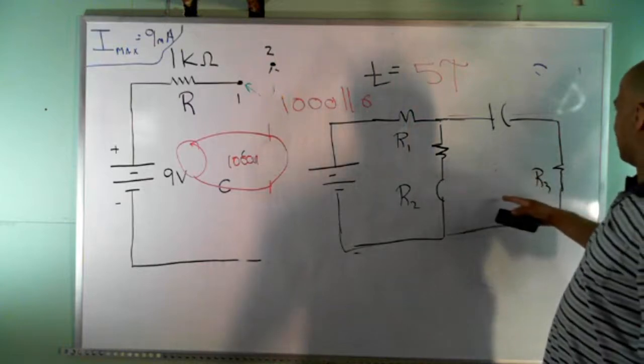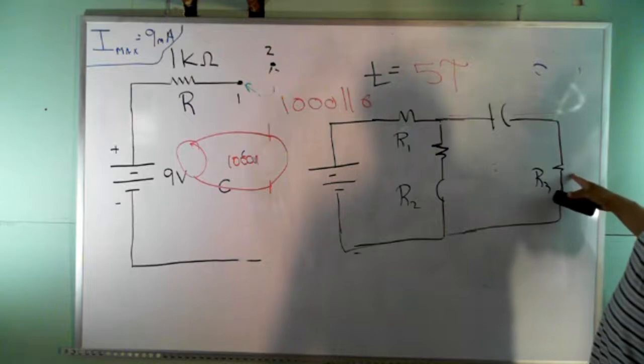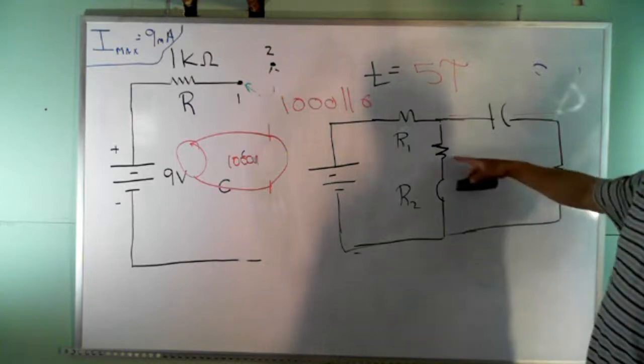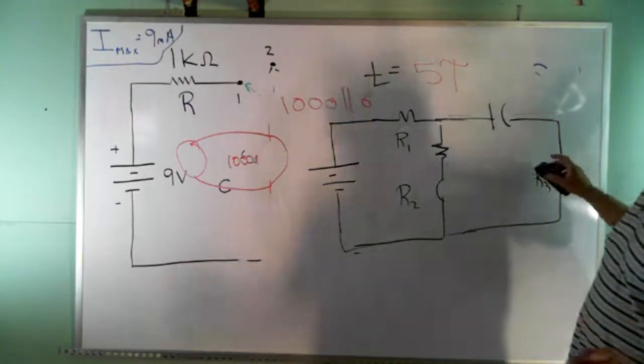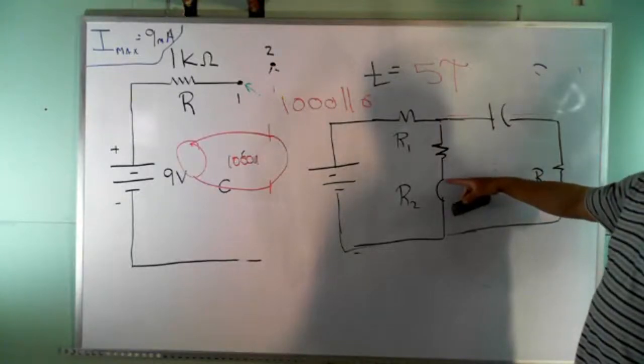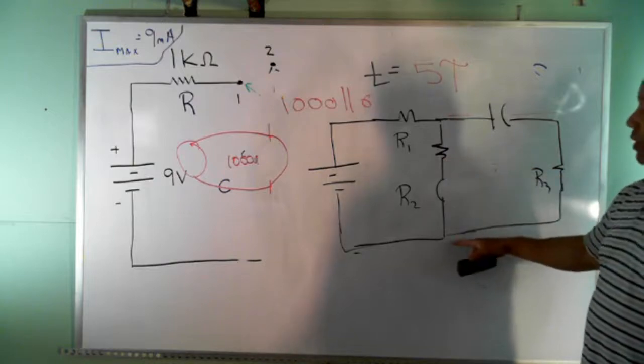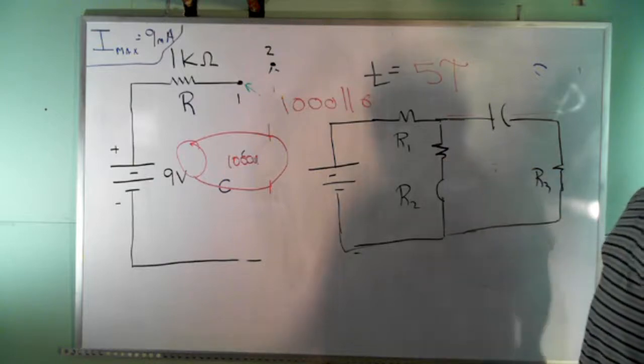Now, I don't know if I might have drawn the circuit another way. I thought I had a capacitor over here in parallel with it. Right now, as it is, R2 is in the circuit because that short circuit, all it does is connect the resistor to the bottom part of the circuit. So as it is right now, yes, it's in the circuit.